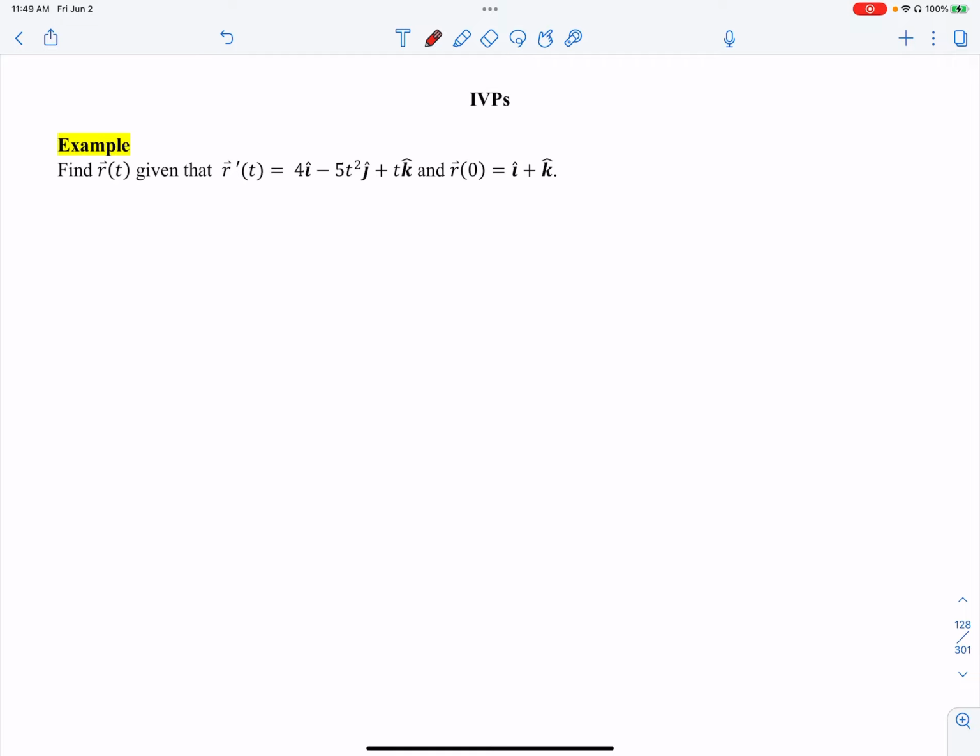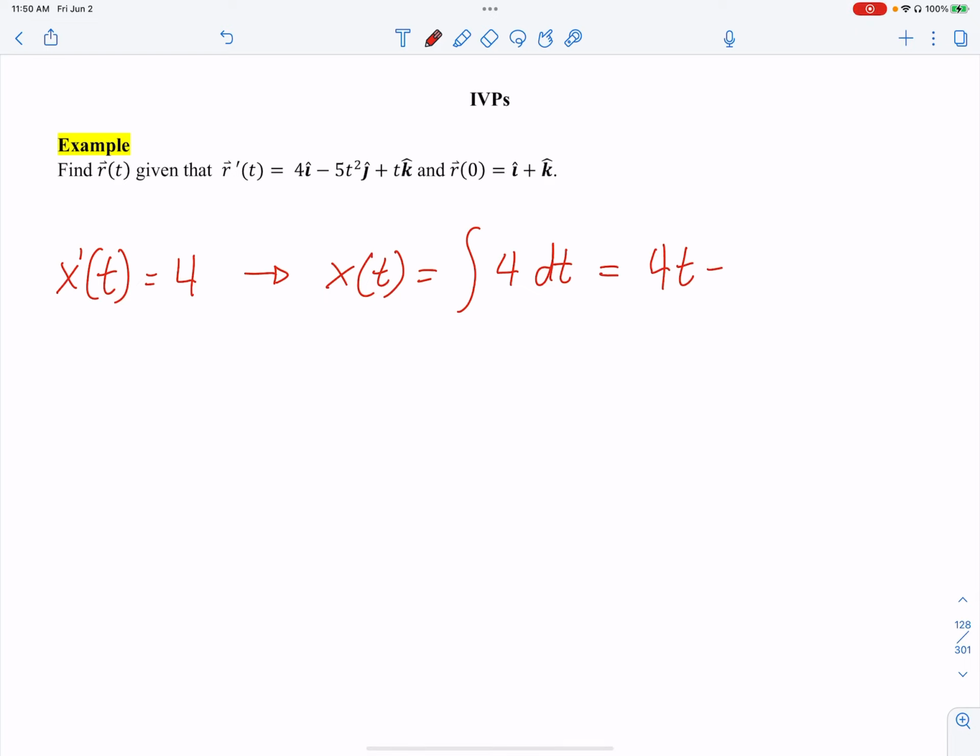Okay, so to find r, I'm going to find each component. So x prime of t is equal to 4. That tells me x of t is equal to the integral of 4 dt. The integral of 4 is 4t plus c1. Y prime is equal to negative 5t squared.